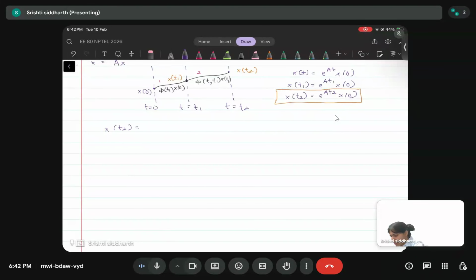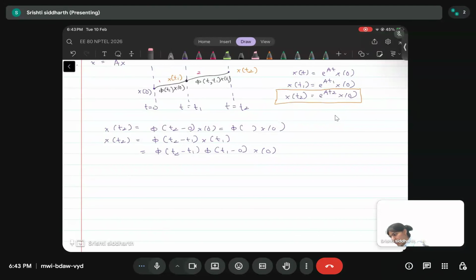x at T2 is phi of T2 minus 0 times x0. x at T2 is also phi of T2 minus T1 at x of T1. So this is phi T2 minus T1 times x of T1, which is phi T1 minus 0 times x0.